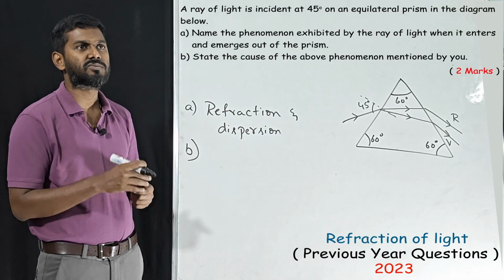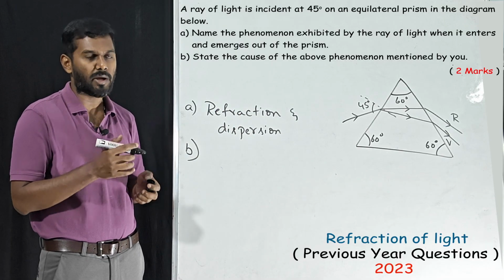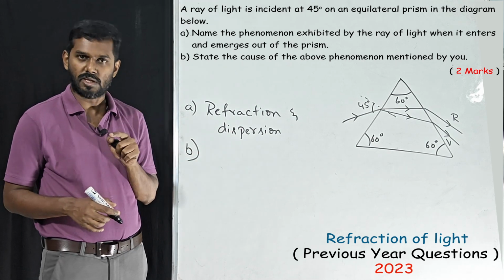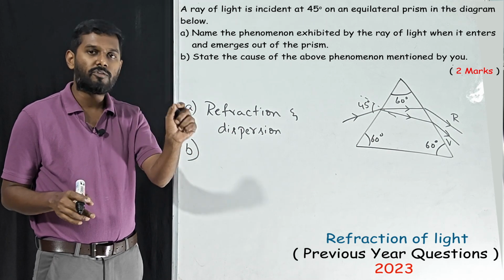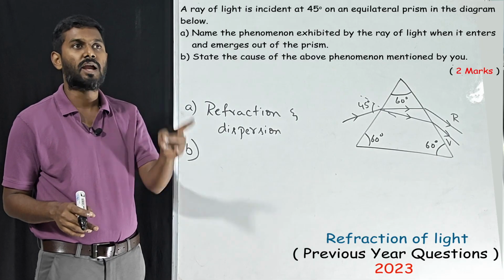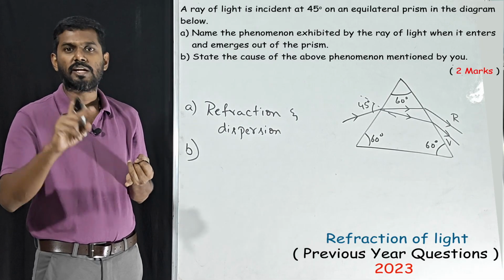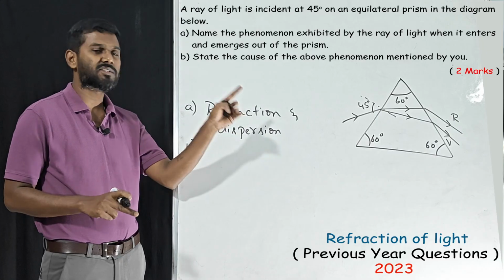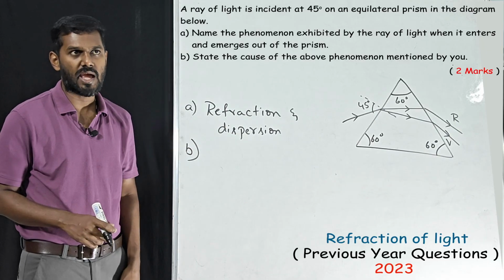Now, state the cause for the above phenomenon mentioned by you. We have mentioned two phenomena, so there will be two different causes, correct? No. From the concept, we have clearly learned that the cause of refraction and dispersion is the same. What are they asking?